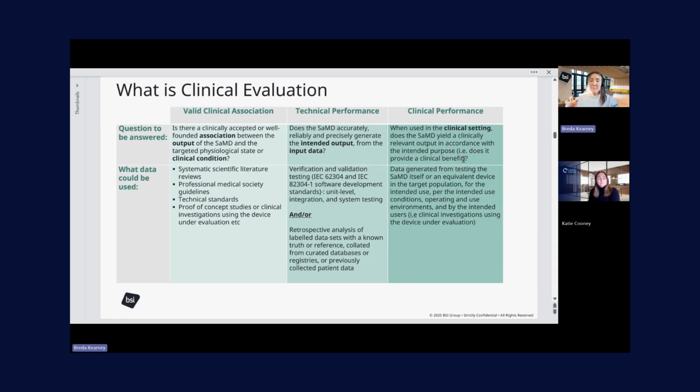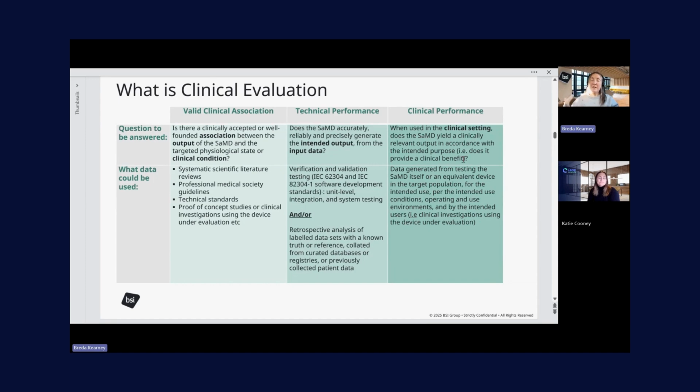This is the part that manufacturers generally struggle with when it comes to doing their clinical evaluation for software. The valid clinical association, that's straightforward. Technical performance is straightforward, and manufacturers are generally strong on technical performance, but clinical performance is the hard part.